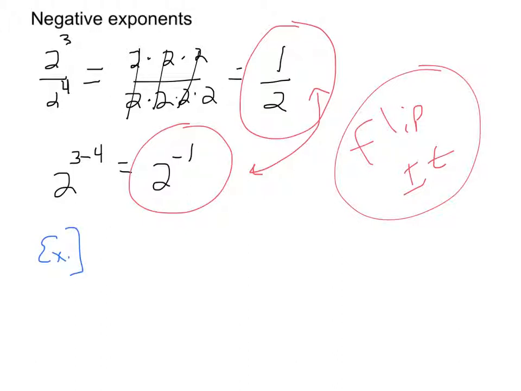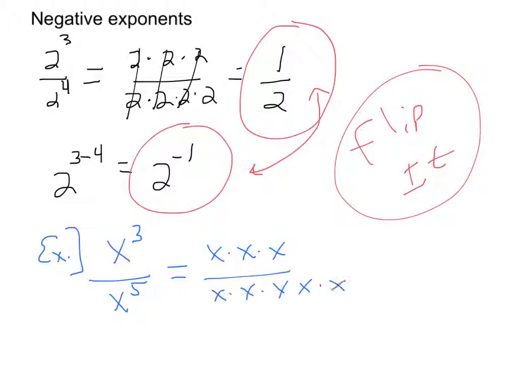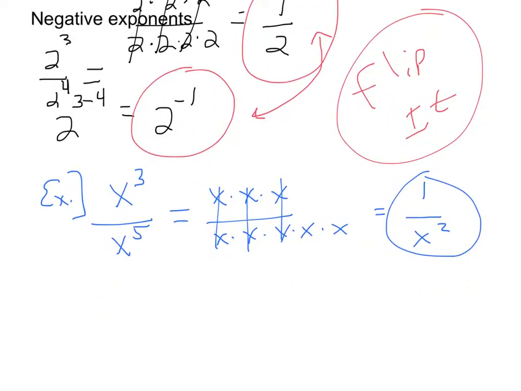If I have x to the 3rd divided by x to the 5th, if I was going to write it out, I have 1 on top and x times x on the bottom, which is x squared. And so we'd have 1 over x squared.